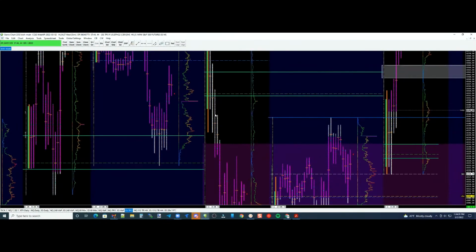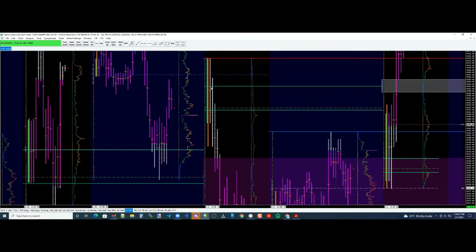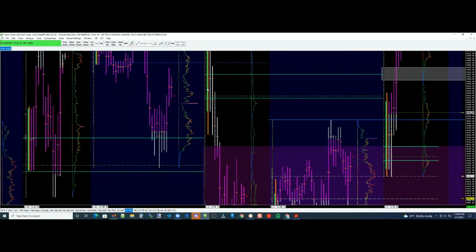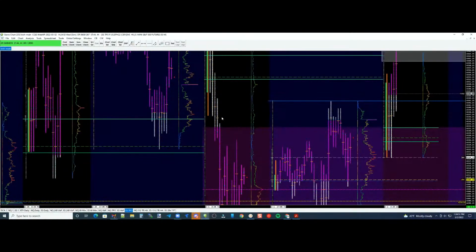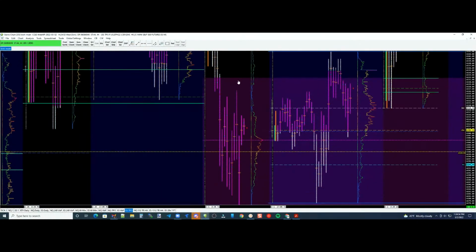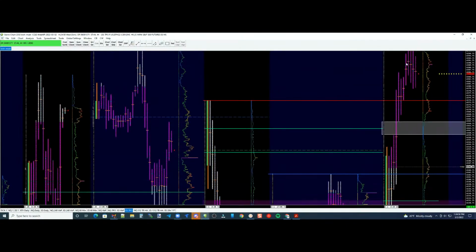But the thought process is that if you have a huge initial balance, you could potentially spend the entire day in the initial balance, okay? If you get accepted outside of the initial balance one way or the other, then the thought process is you will go that direction. So if you get accepted outside of the IB low, you go lower. If you get accepted outside of the IB high, you go higher.